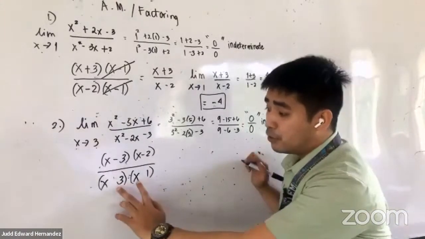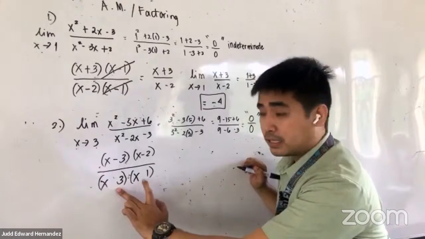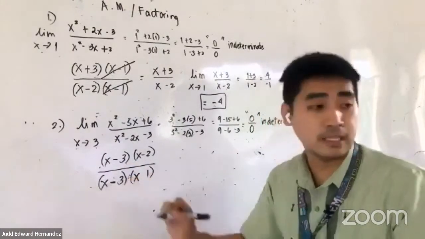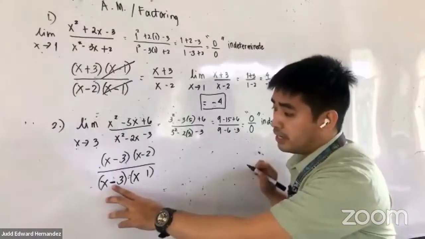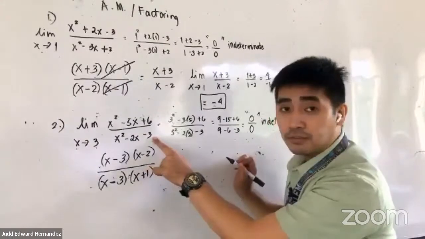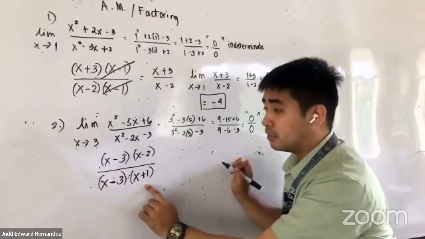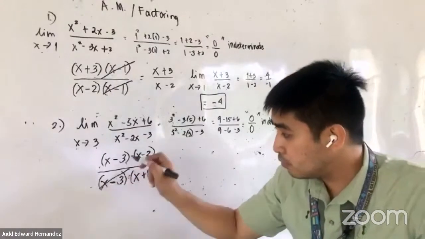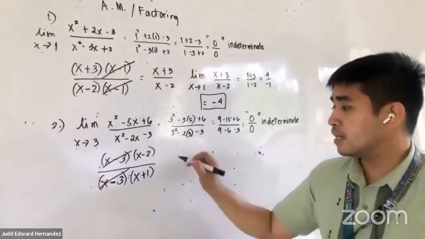At since alam mo na yung isa ay 3 at isa yung 1, tingnan mo, sa taas may 3, edi dapat ito ay negative. At dahil ito ay negative, dapat ang isa dito ay positive. Since this is negative 3, hindi naman parehong negative dapat yan. Magiging positive yung last term natin. Okay, cancel out x minus 3.